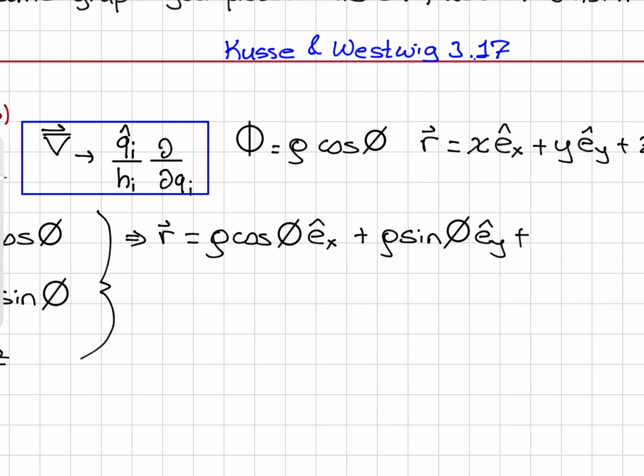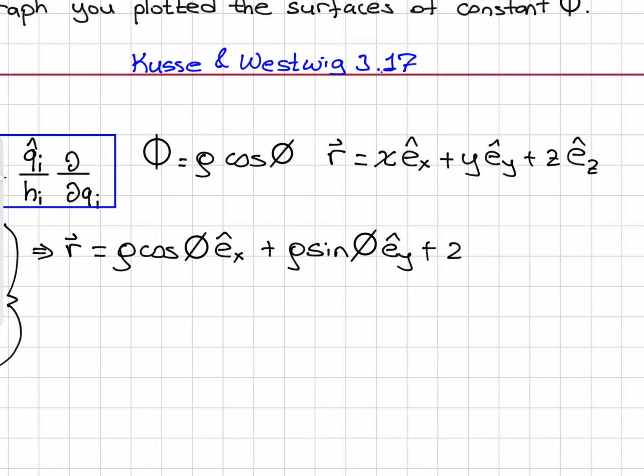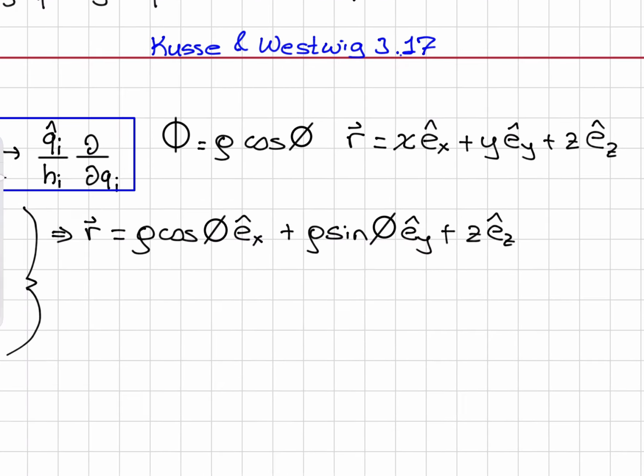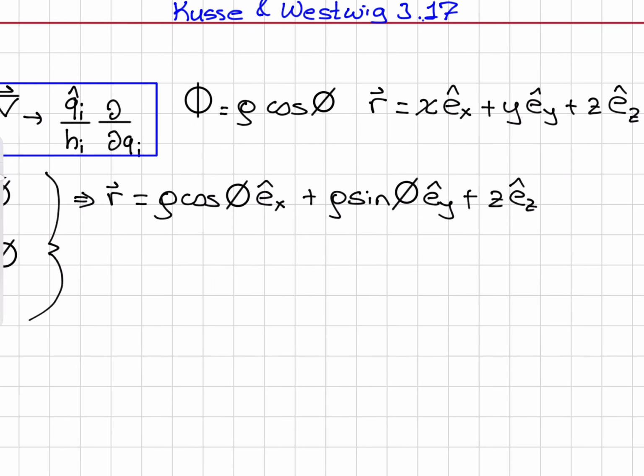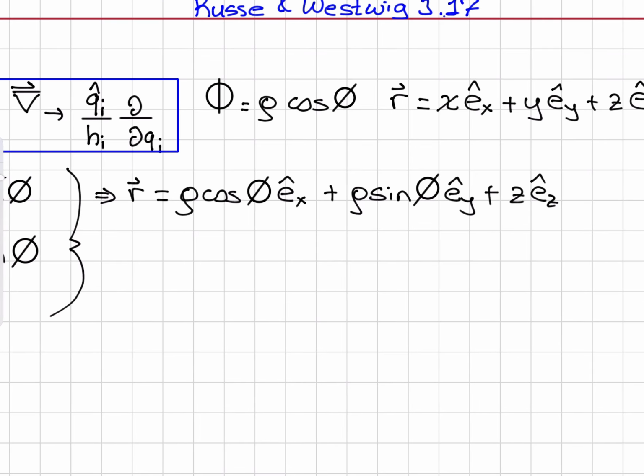And finally, we have z in ez hat direction. Now, in order to calculate the scale factors, we have to take the derivative of the position vector with respect to each of the cylindrical coordinates.